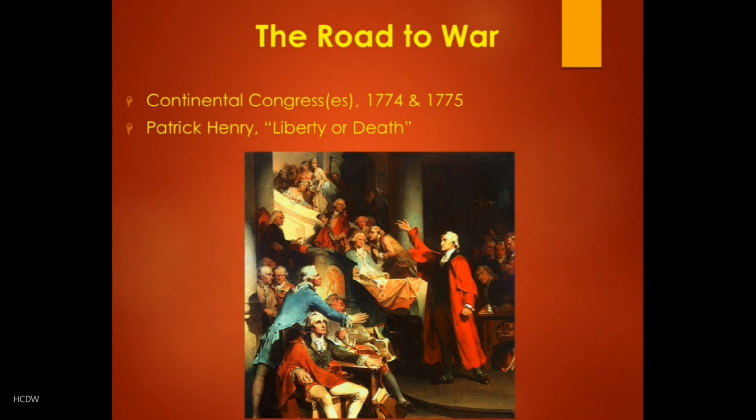The response from Parliament was more restrictive measures and more troops sent to the colonies, at which point conflict with the colonies was beginning to look inevitable. Eventually, the colonists start arming themselves and preparing for conflict, and ultimately the forces clashed in the initial battles of the Revolutionary War at Lexington and Concord, which I'll talk about in the next lecture.